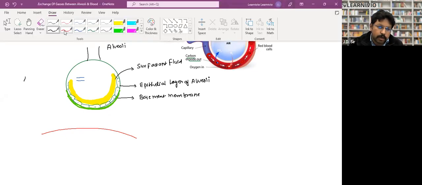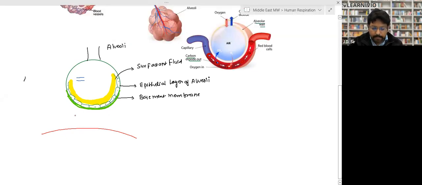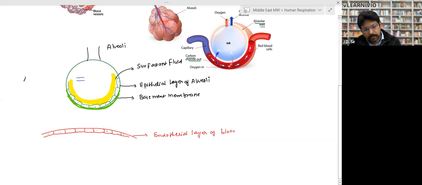In the lower part, this layer is called the endothelial layer of the blood capillary.